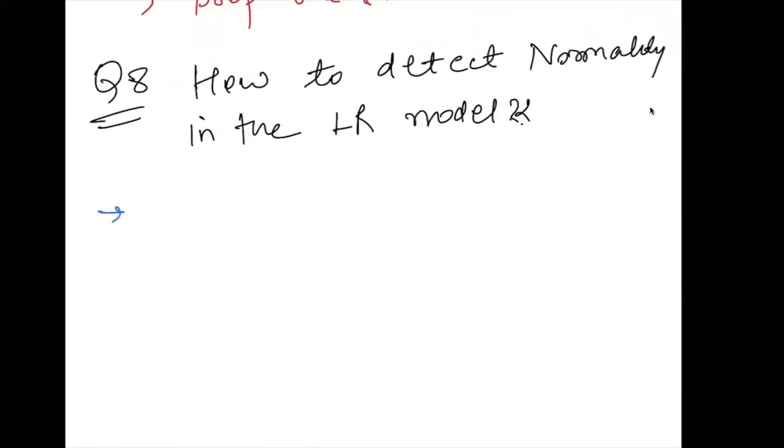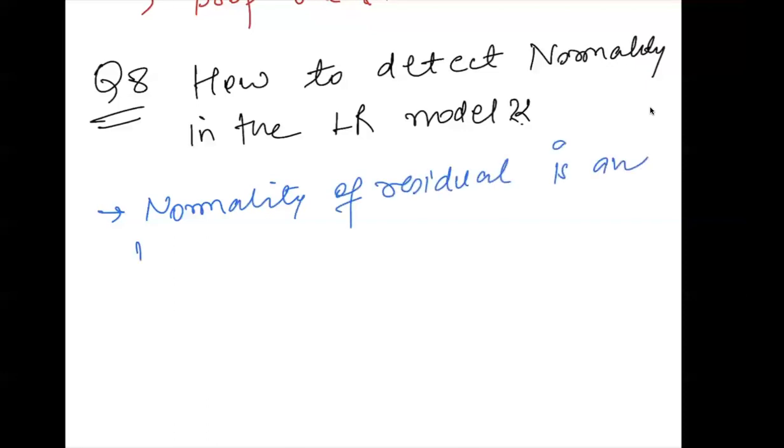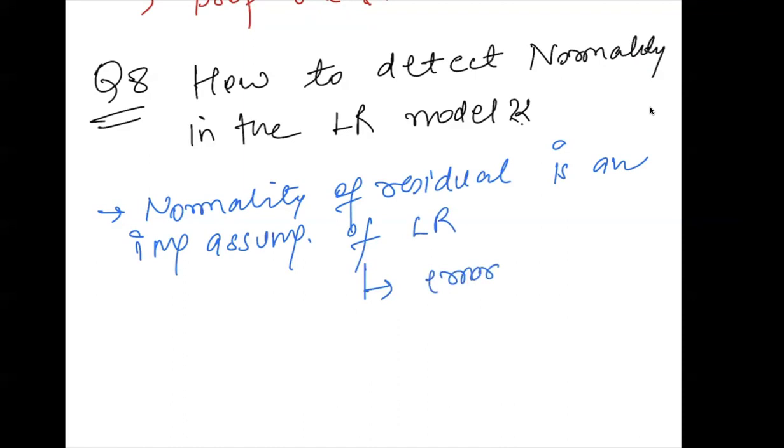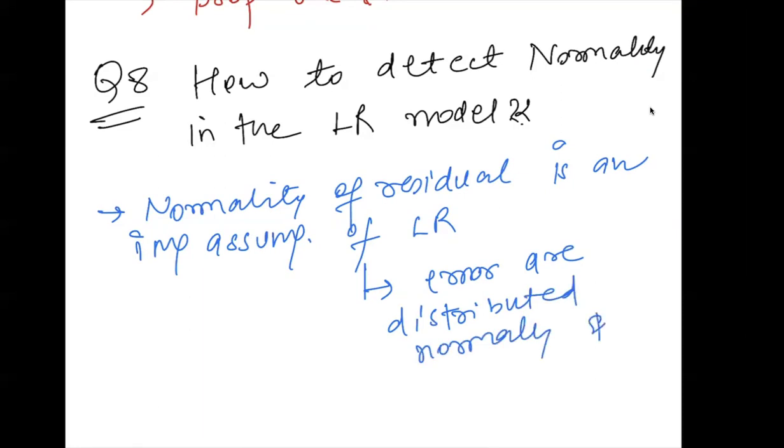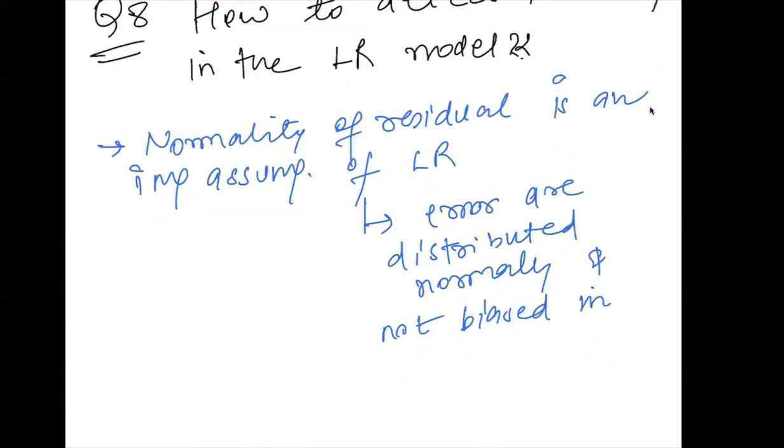Normality of residuals is an important assumption of the linear regression model because it ensures that errors are distributed normally and are not biased in any direction.